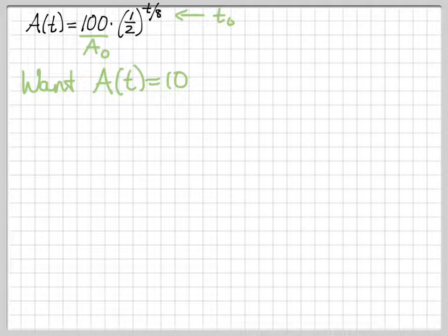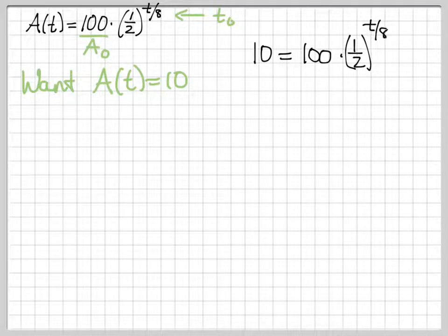And so we get 10 equals 100 times 1/2 to the t over 8. Now, to solve this, first we want to get this by itself so we can take log of it to pull the exponent down, right? This can come down if we can take log.